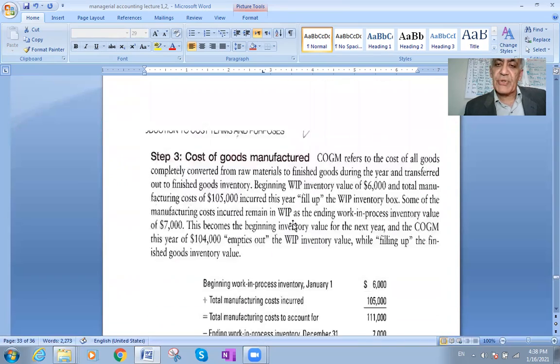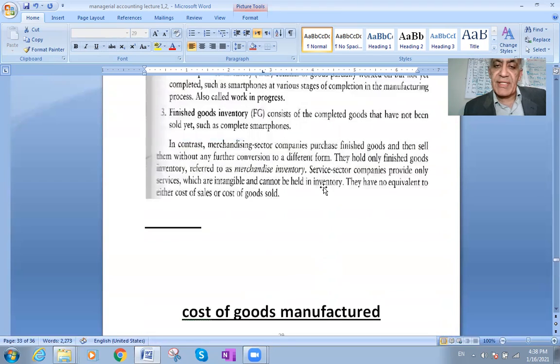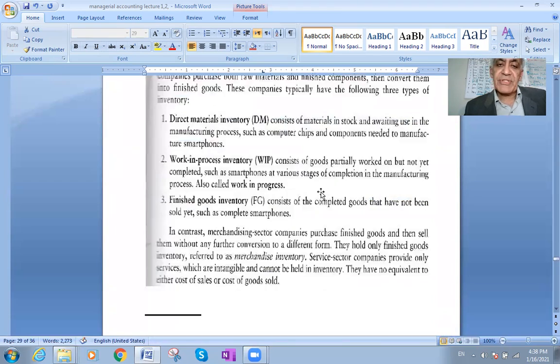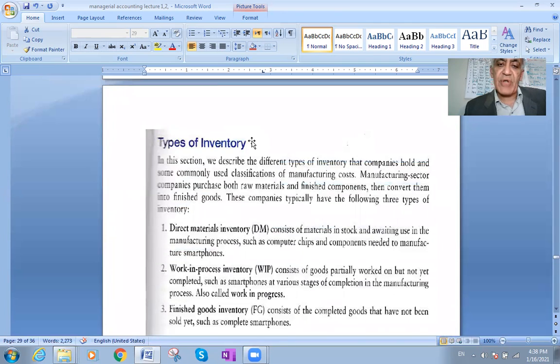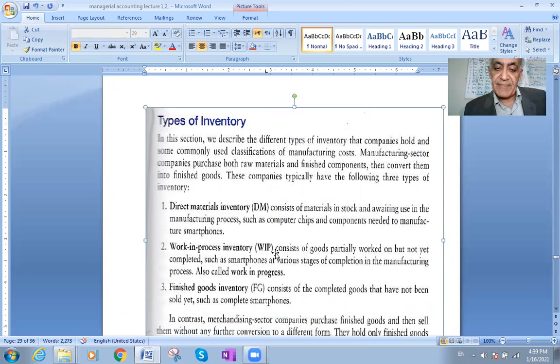Now, I want to know something about new ideas, the types of inventory. We have direct materials inventory, which consists of materials in stock and waiting for use in the manufacturing process.